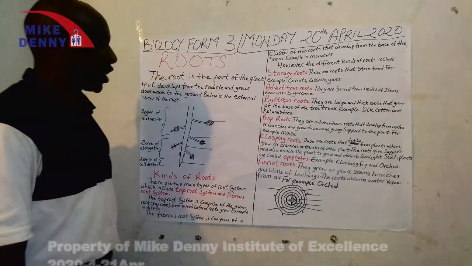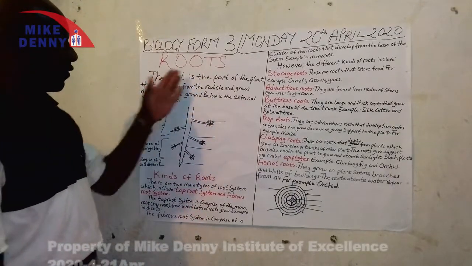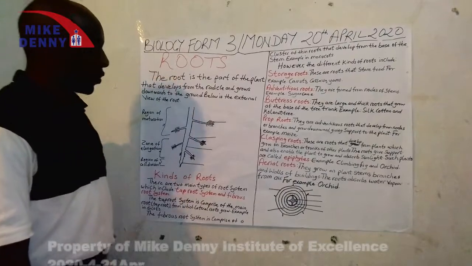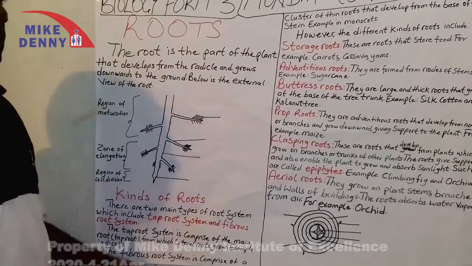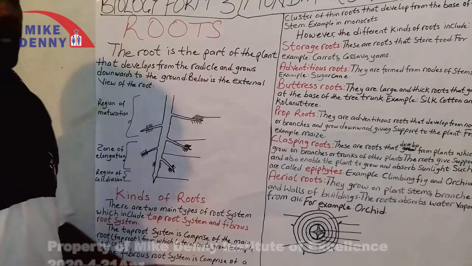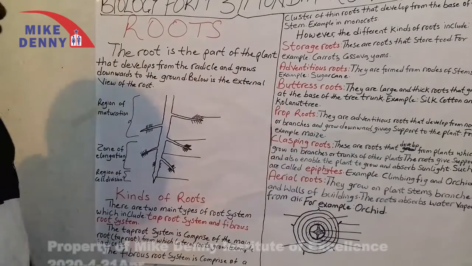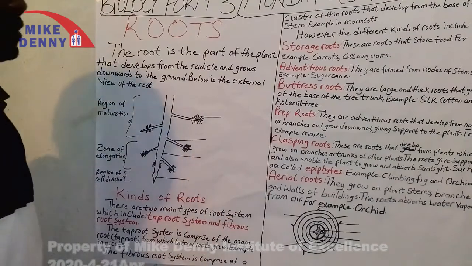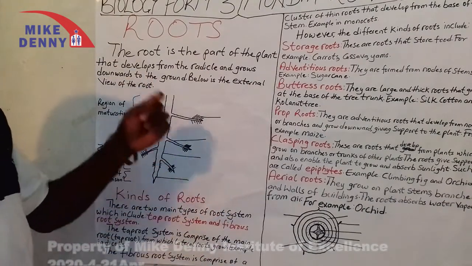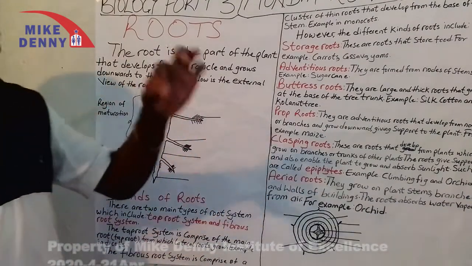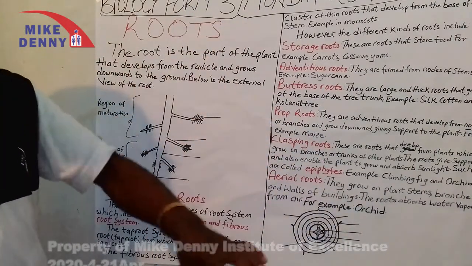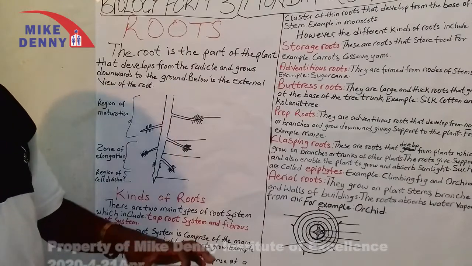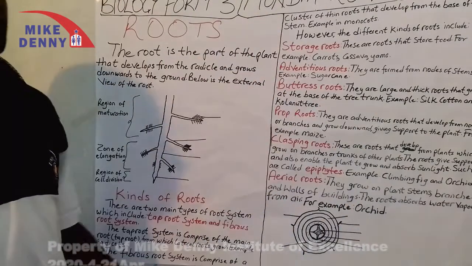Alright, as we mentioned the chart, here we have our lesson on roots. What can we say the root is? If you look from the beginning, when you plant the seed and it's growing, when the seed starts to germinate, there's the part that grows downward, and there's a part that grows upward.